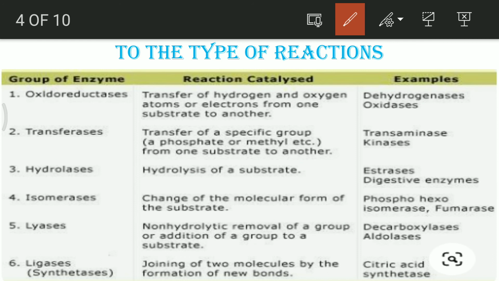Third is hydrolases. Hydrolases catalyze the splitting of larger molecules into smaller ones by addition of a water molecule. Like all the digestive enzymes, like the amylases or esterases, they all follow the same pathway. So what exactly we have to think of?